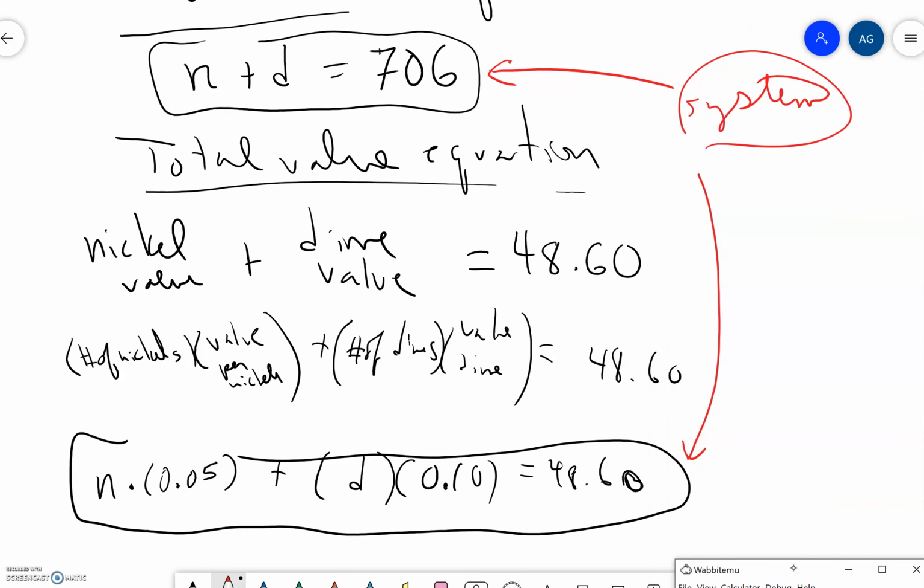So our matrix system, what's it going to look like? First we have our coefficient matrix, and the coefficients are 1 and 1, and this one's 0.05, and this one is 0.1.